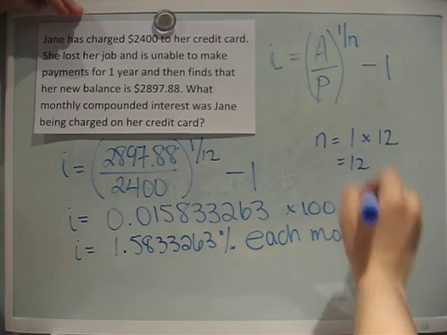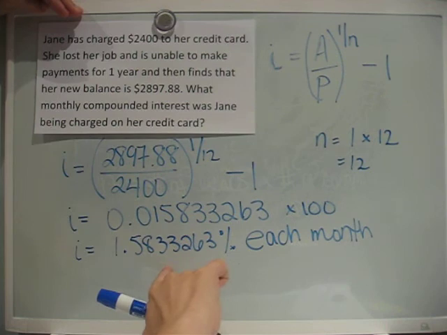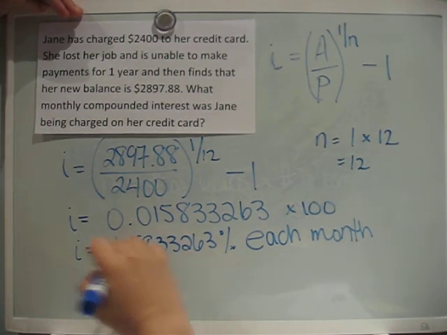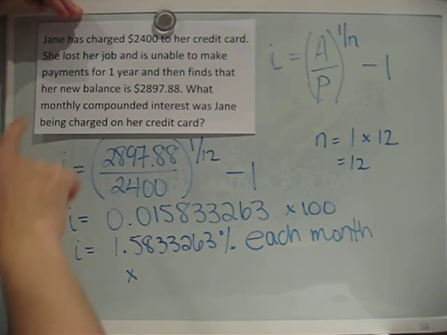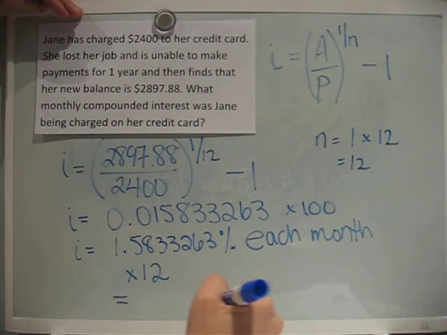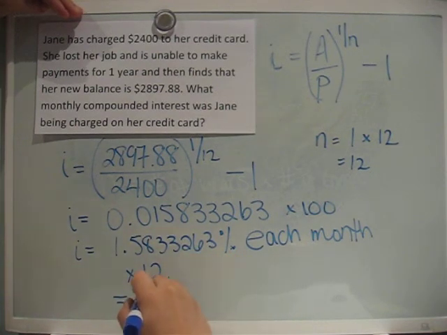Not each year. So now that we have this periodic rate, to find the annual rate, you just multiply it by the number of compoundings per year. Since there's monthly compoundings, we multiply it by 12, which gives us 19%. Okay.